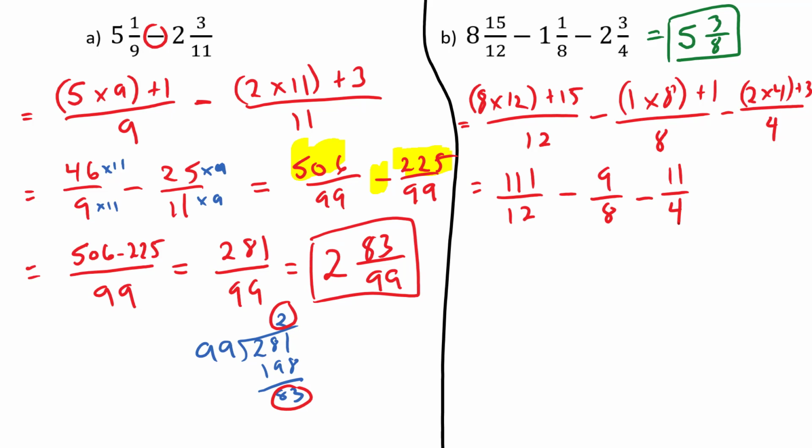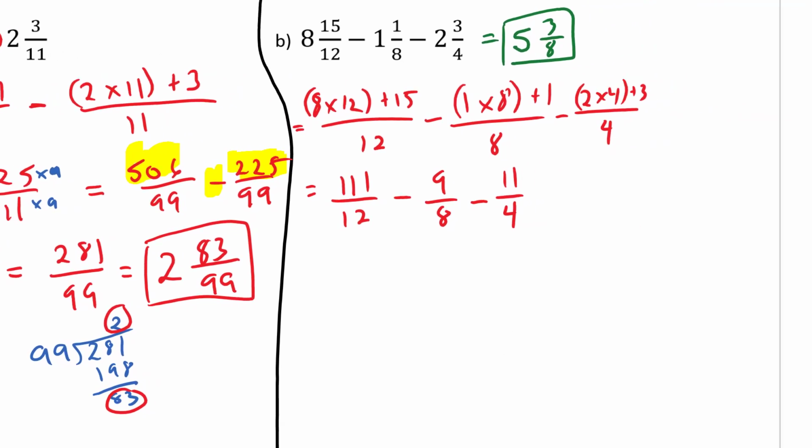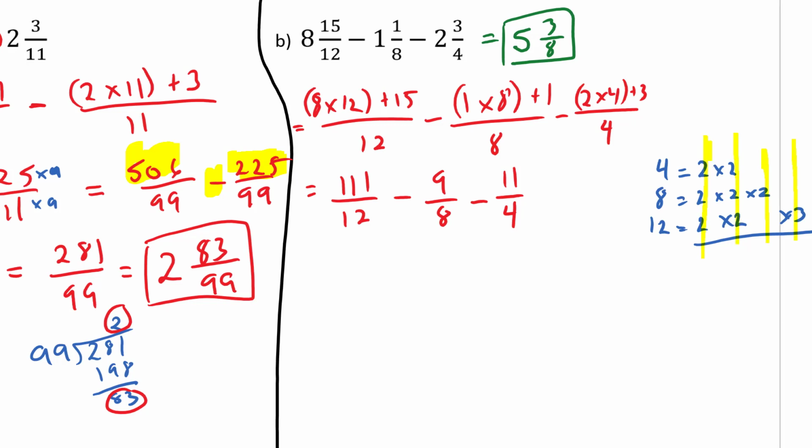Our next step, find the lowest common denominator. We're going to do prime factorization on 4, 8, and 12. 2 times 2, 2 times 2 times 2, 2 times 2 times 3. Here we get 2 times 2 times 2 times 3, which is 4 times 6, which is 24.